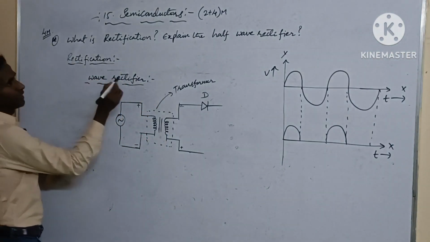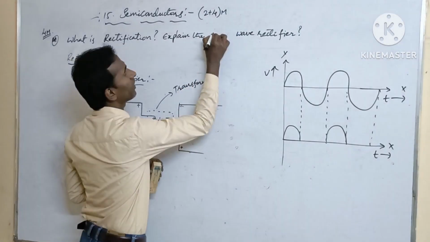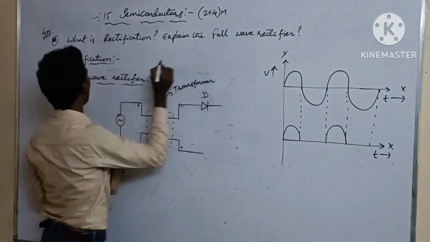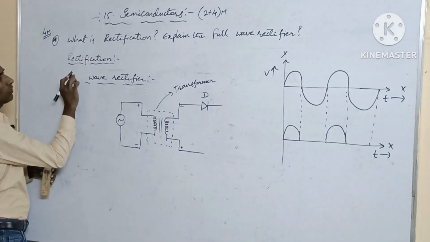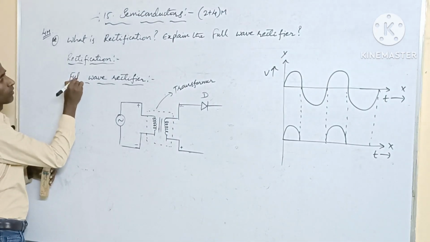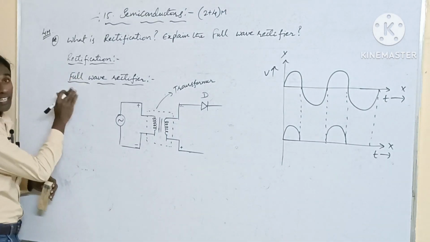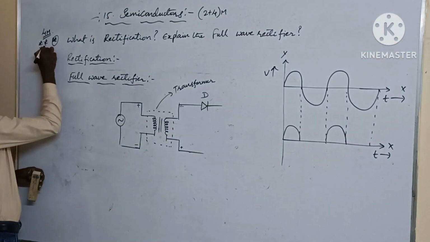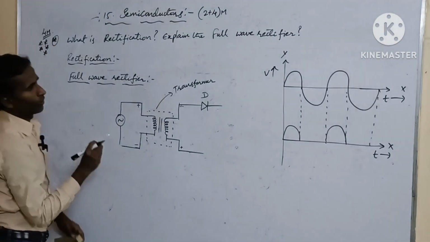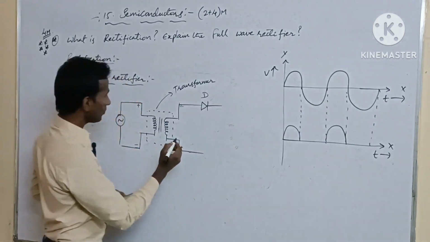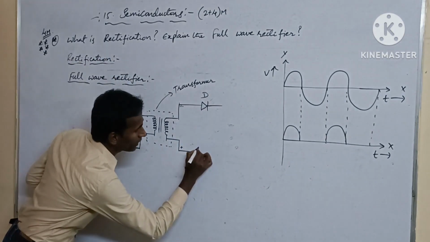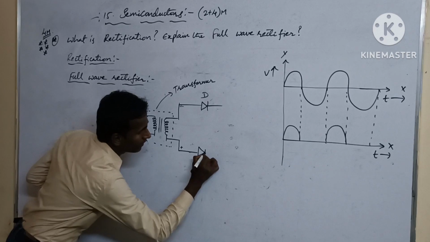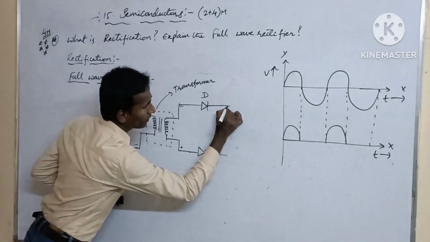Explain the full wave rectifier. This is the second most important question. The full wave rectifier consists of two diodes, one is D1 and the other is D2.